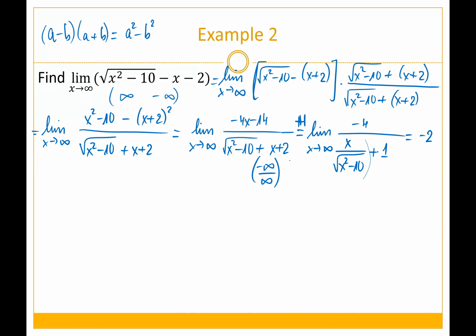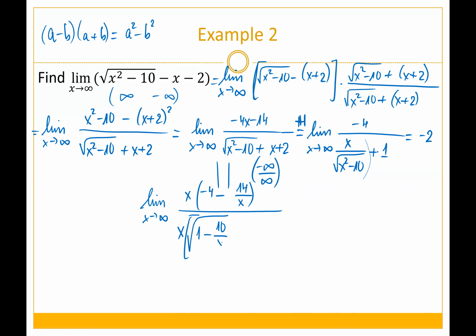Another way to do it is that you can take x out. It's essentially the same thing. So you have x out, you have negative 4 minus 14 over x. Here, because x is approaching infinity, when you take x out of the square root, it's going to be the square root of 1 minus 10 over x squared, plus 1 plus 2 over x.